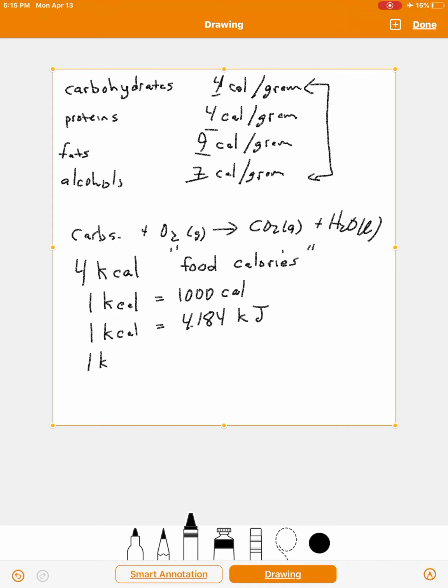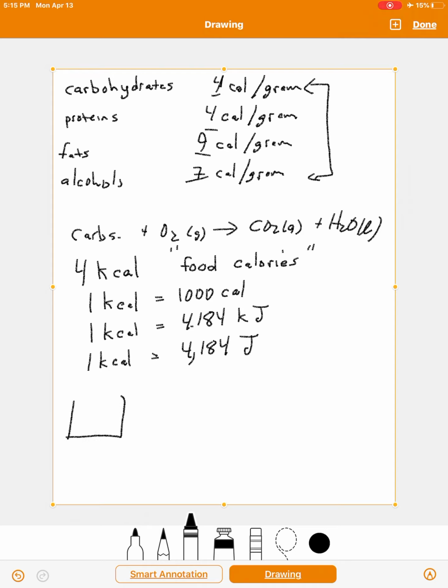Or 1 kilocalorie is equal to 4,184 joules, right? So a kilojoule is 1,000 joules. So 1 kilocalorie is 4,184 joules, okay?